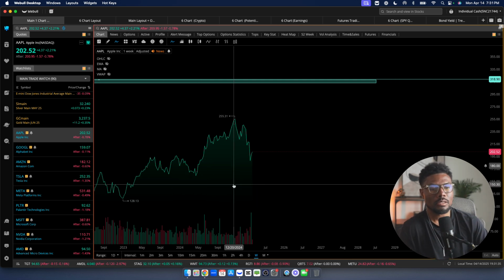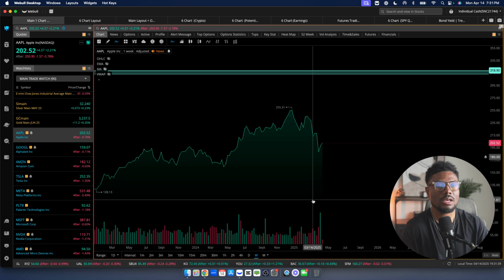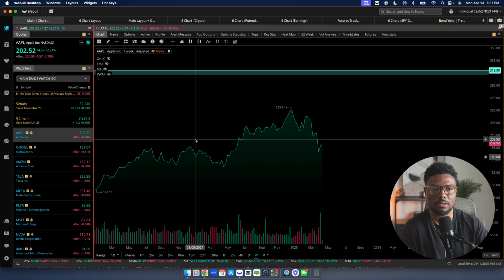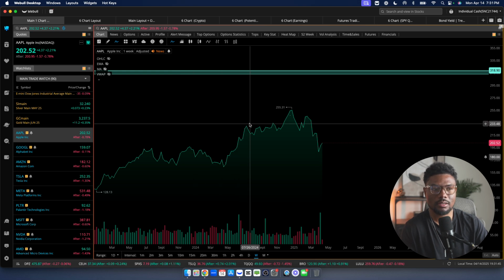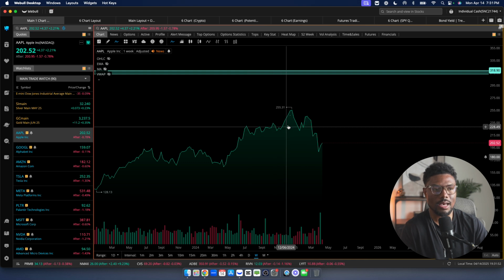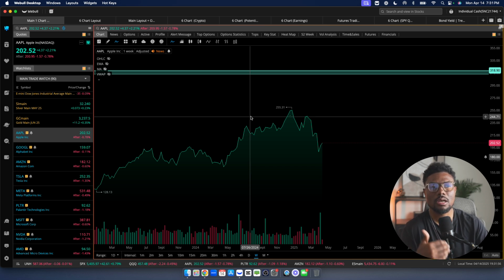A line chart, in my opinion, for beginners is a great place to start because you can see the change in direction, where the stock gets to a peak, pulls back, gets bought back up, pulls back, gets bought back up. So you can see the change in direction a little bit better.